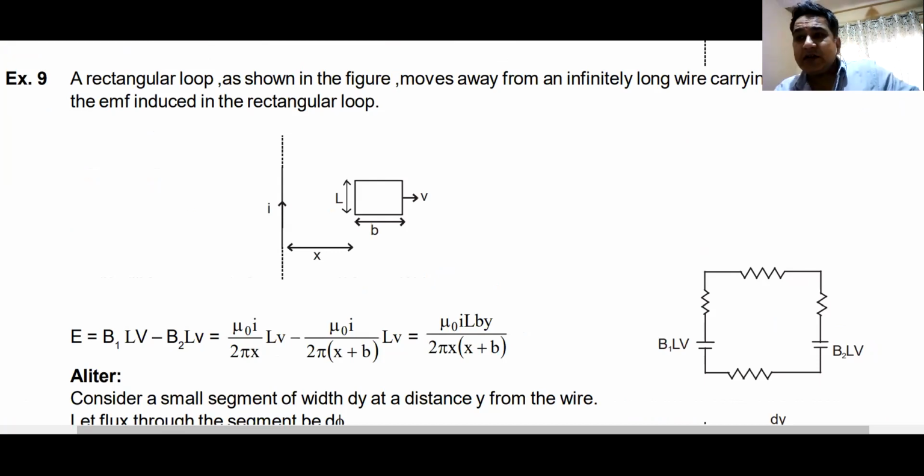Now, a rectangular loop as shown in the figure moves away from an infinite long wire carrying a current I. Find the EMF induced in this rectangular loop.